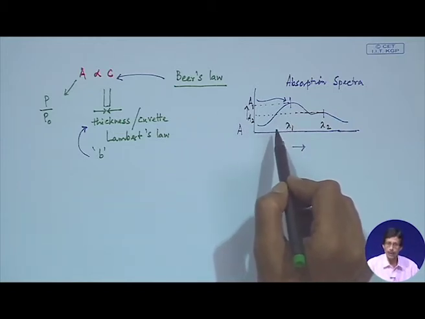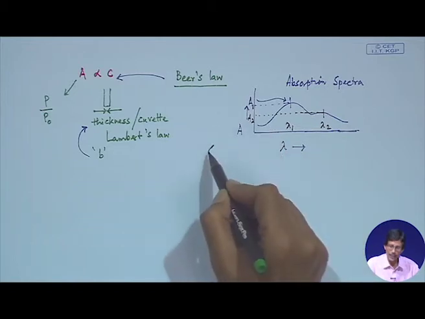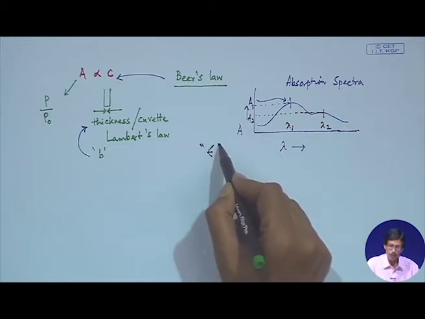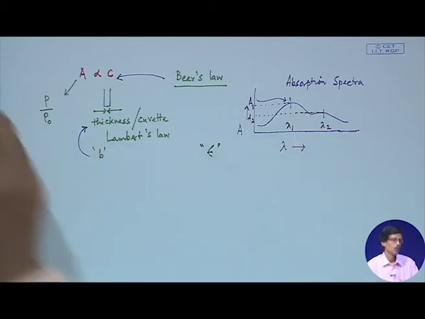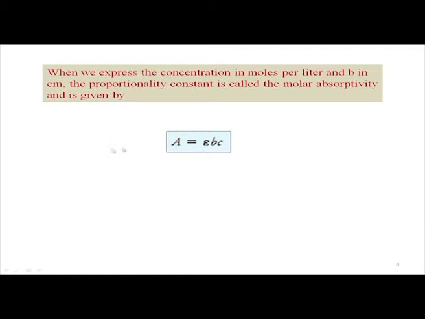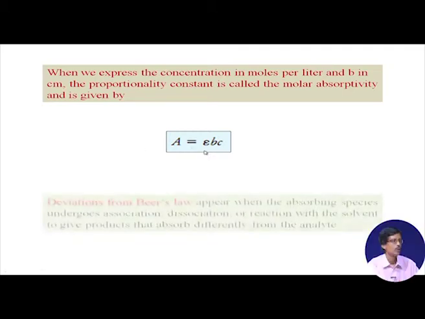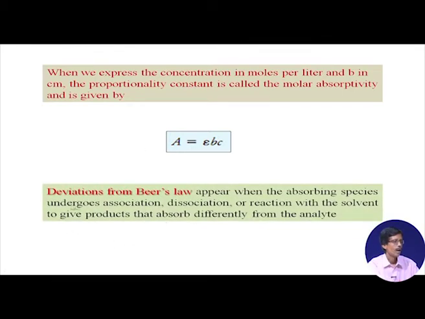concentration in moles per liter, we will find that the most important quantity is the epsilon value, that means the molar absorptivity. From the Lambert-Beer's law relationship, we get A equals epsilon b c, and now we see how far this proportionality can go.